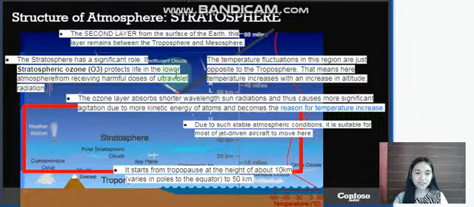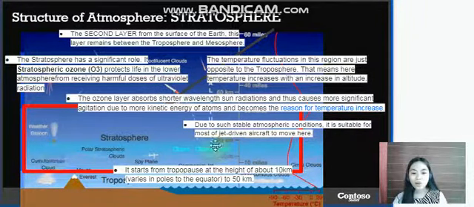Next layer, we have the stratosphere, the second layer from the surface of the Earth. This layer remains between the troposphere, yung first layer, at yung third layer, which is the mesosphere. The stratosphere has a significant role because this is the region that contains the so-called ozone layer.